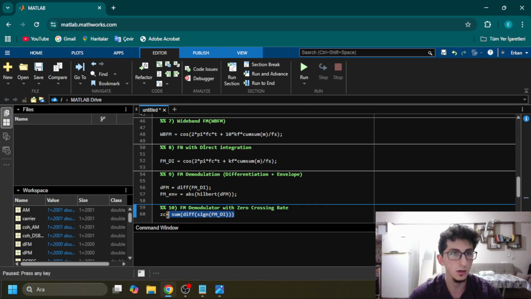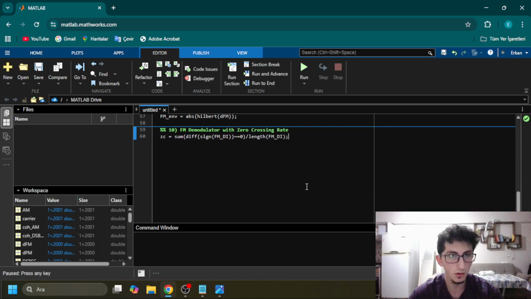So I'm gonna make this code clear like that. So zero crossing detection estimates the frequency of the FM signal by counting sign changes over time. The detected rate is proportional to the message signal.